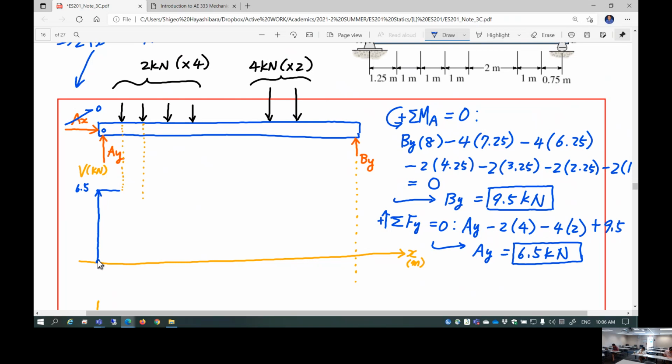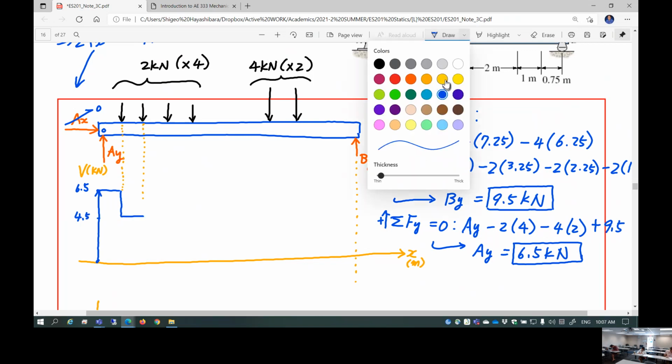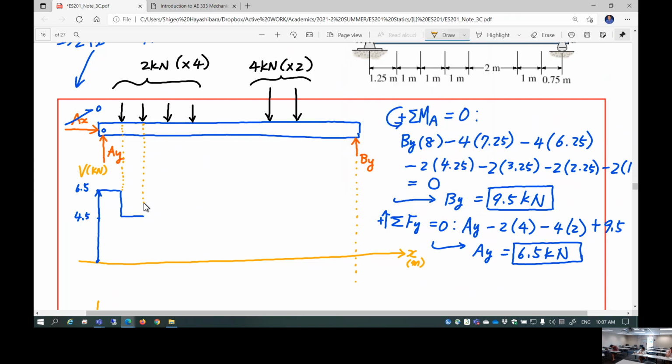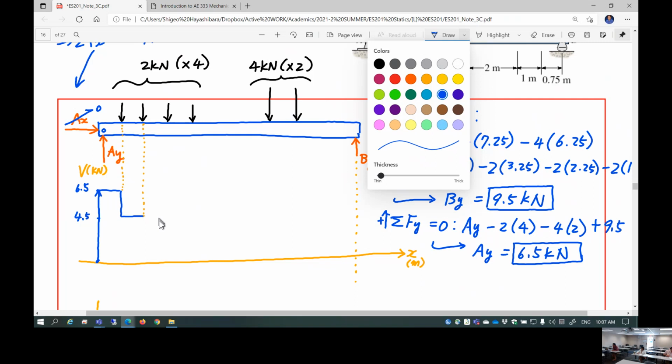Okay, so starting 0 all the way to 6.5. Next is 4.5. Yeah, right here, I write that 4.5. Then shear is constant up until you hit another 2 kilonewton force. And you got another jump.